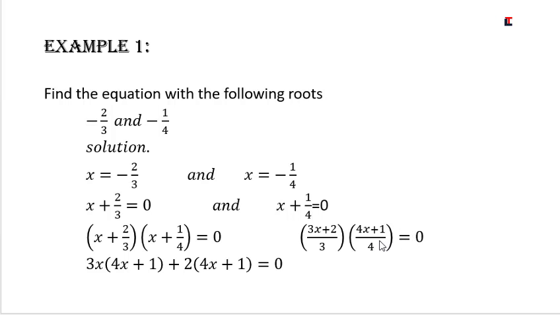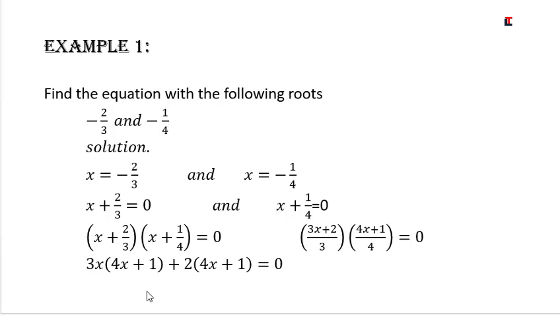So from there, I will expand or open the bracket. Removing this bracket, I will have my 3x multiply everything here, and 2 will multiply everything here. So I have 3x times 4x plus 1, and 2 will multiply everything. Don't forget, 3 times 4 is 12. Multiplied by 0 is 0.